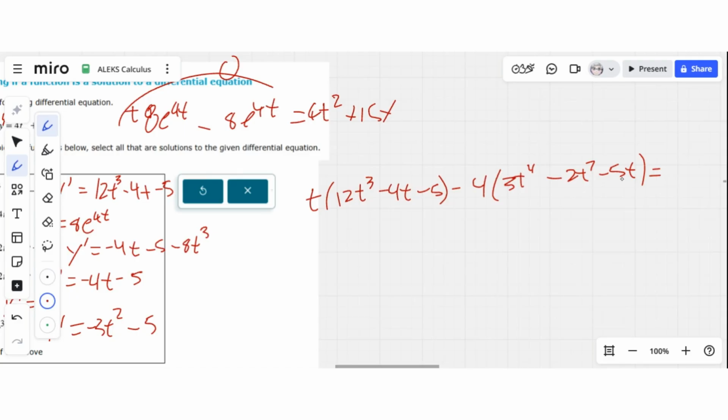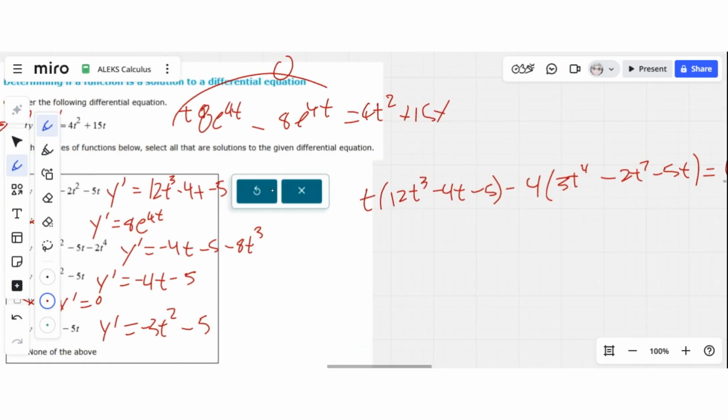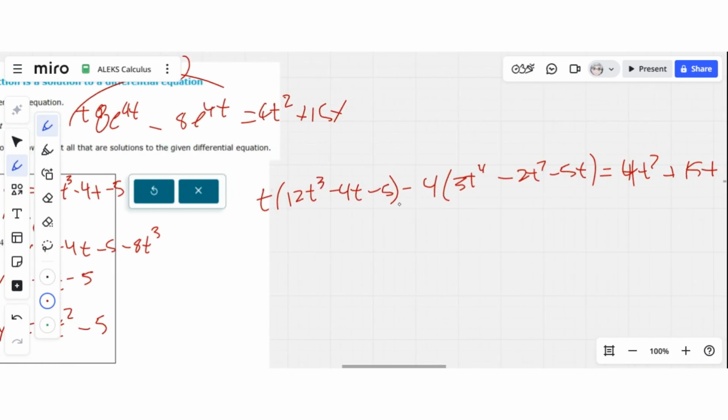This one might work. And that's all got to equal 4t squared plus 15t. So we multiply the t through here. We get 12t to the fourth minus 4t squared minus 5t. And putting a negative 4 through here, we get minus 12t to the fourth, plus 8t squared plus 20t.